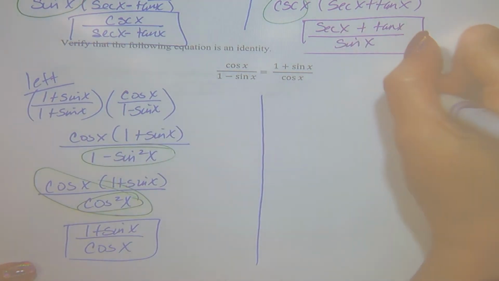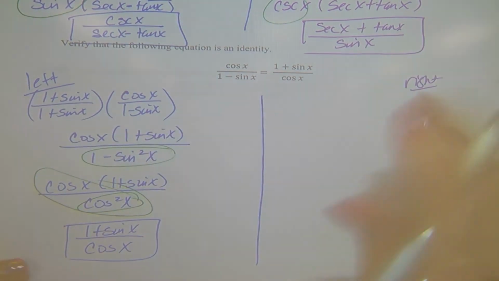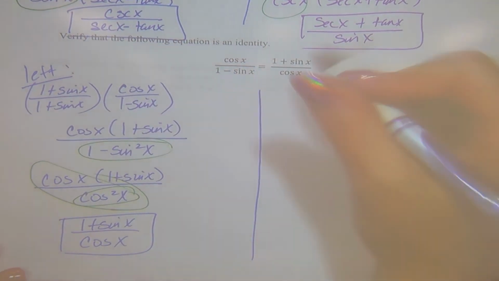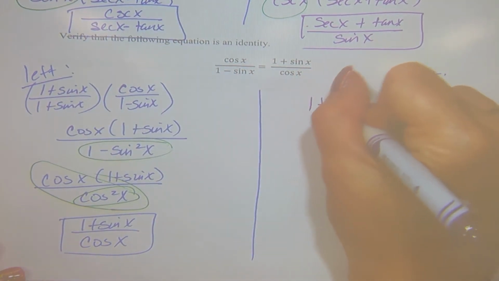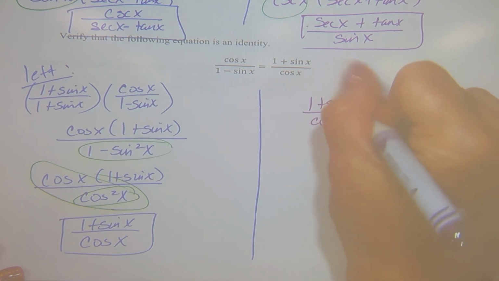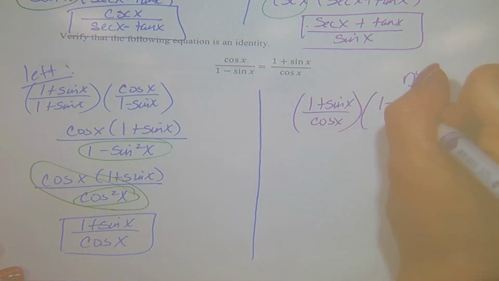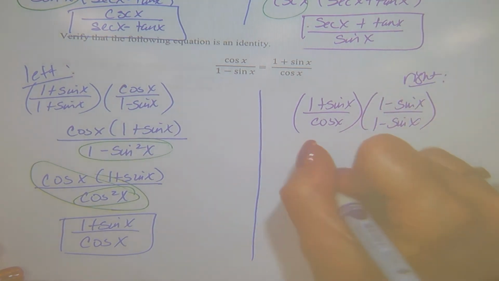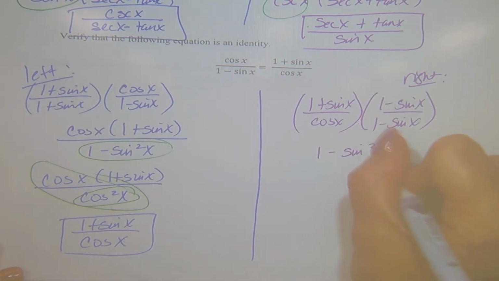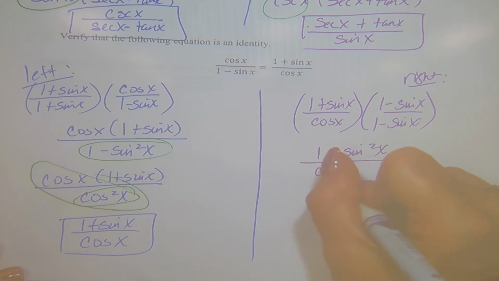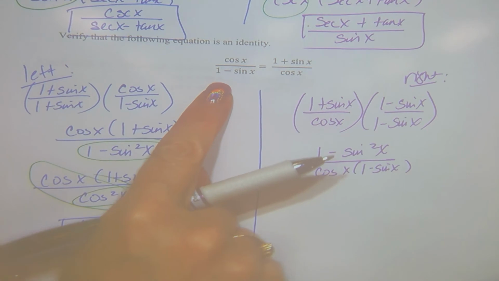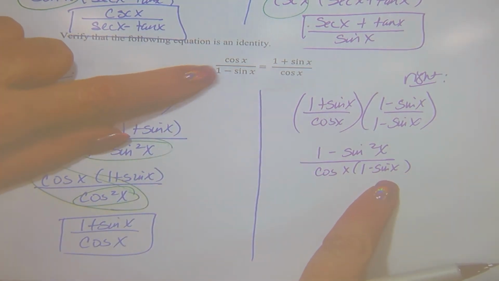If I chose to work the right, you do not have to do both. You do one or the other. If I chose to work the right, I'm still going to multiply by a well-chosen 1, and my well-chosen 1 is going to be the conjugate over itself. And I'm going to stop and say, okay, what is my goal? Well, my goal is to end up with 1 minus sine x in the denominator.